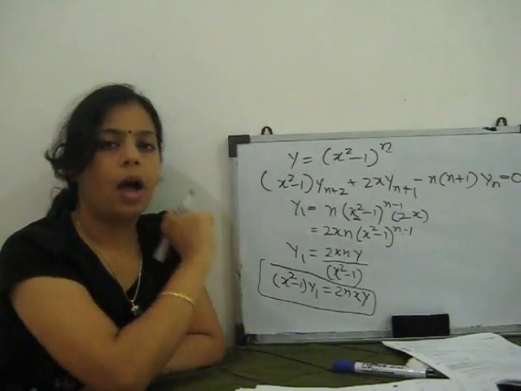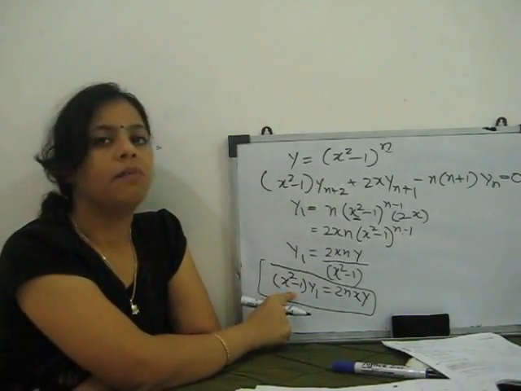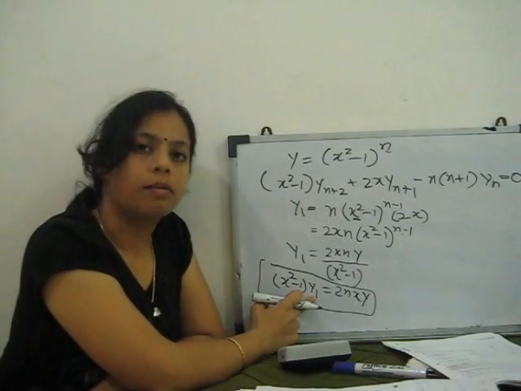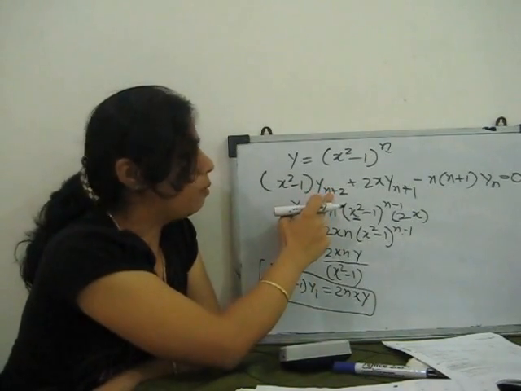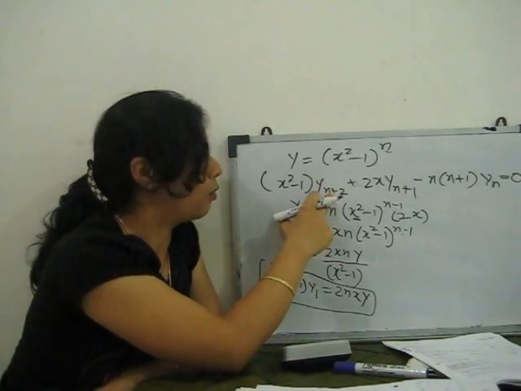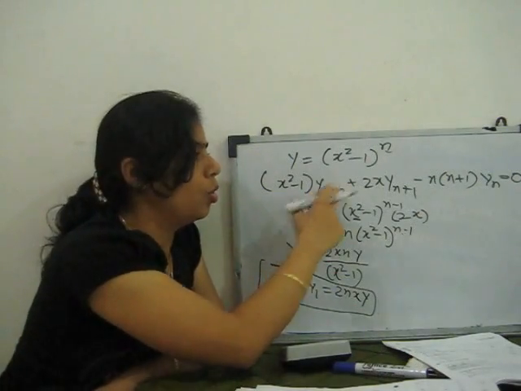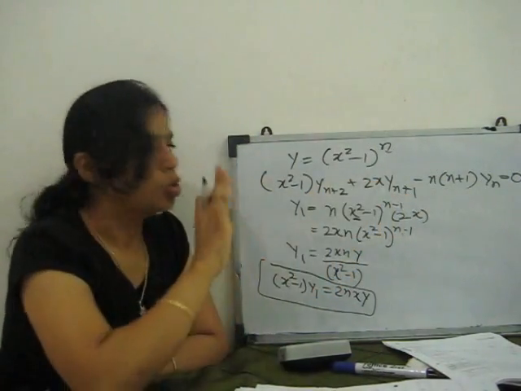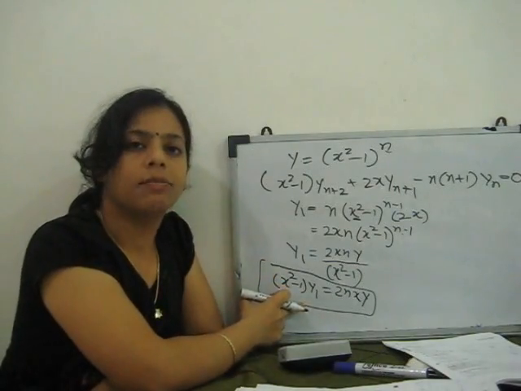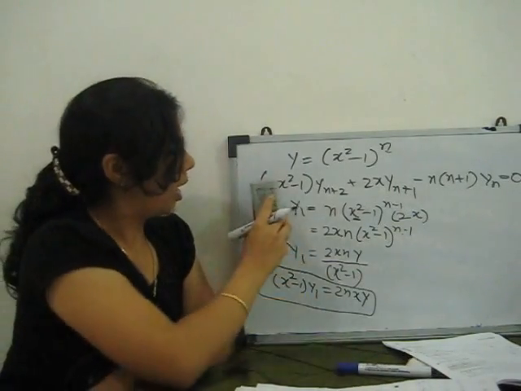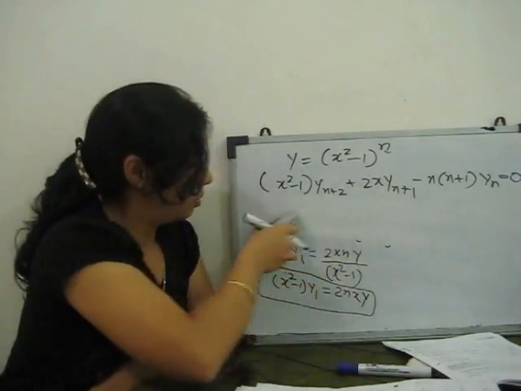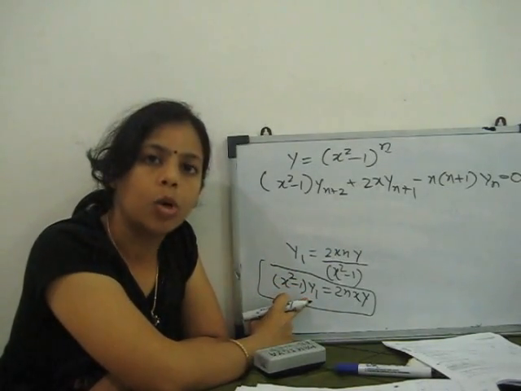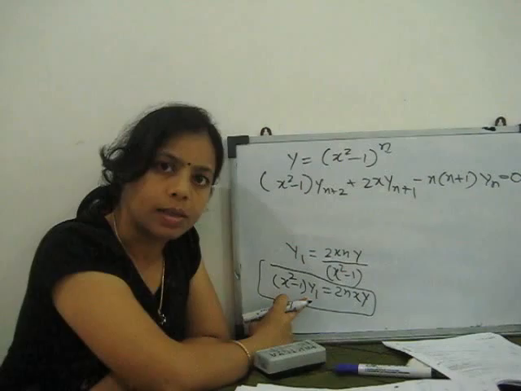Clear? Now one more time differentiate it, we will get y2, because the nth time derivative of y2 is y n plus 2, and the nth time derivative of y1 is y n plus 1. So we apply the Leibniz on that equation. So next step, we differentiate this one more time with respect to x.